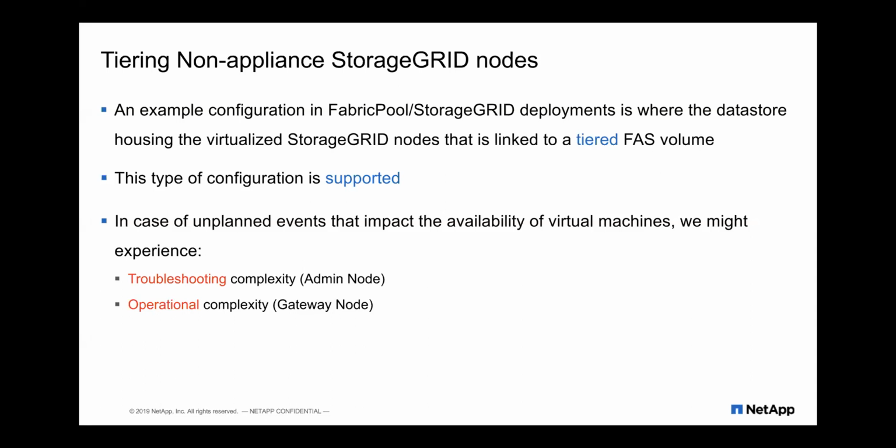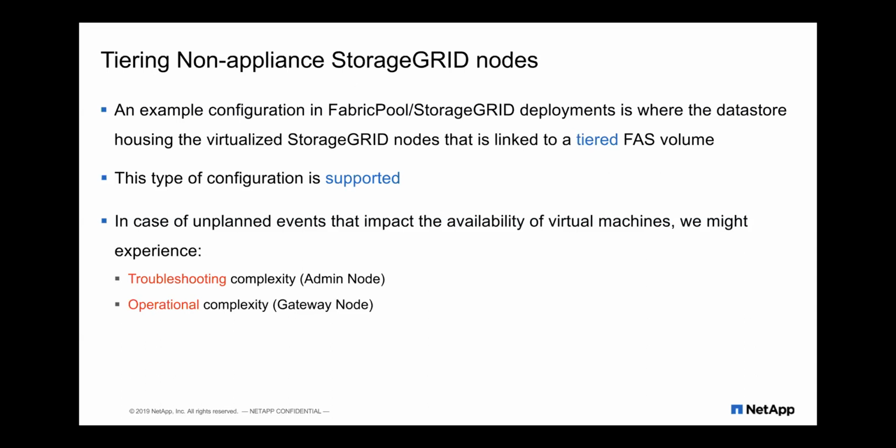For example, let's say you had some networking issues or communication problem, and one virtual machine became unavailable, or the data store went offline because of a heartbeat failure, or we reached some timeout because of a communication issue of some sort. That's where the complexity may come in when it's tiered.